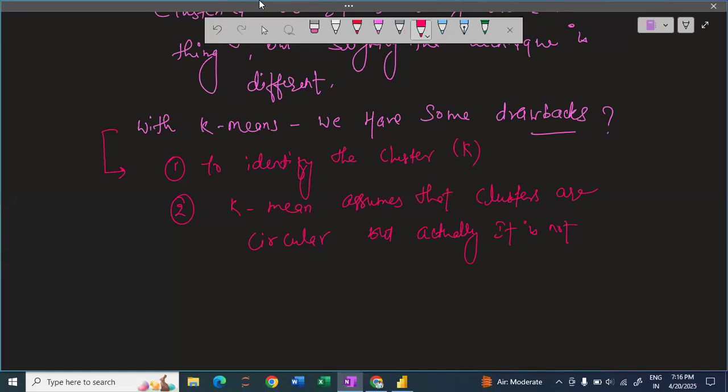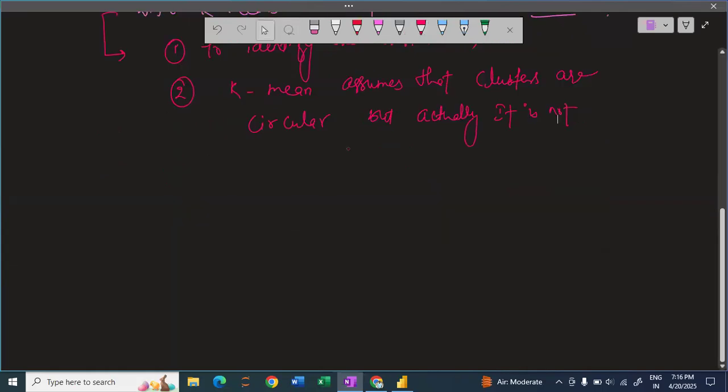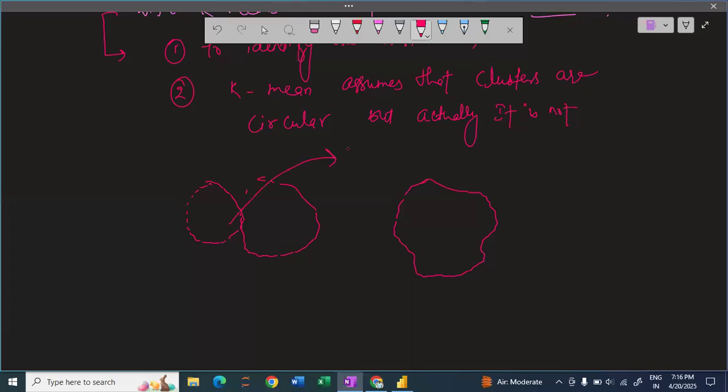K-means makes the cluster like this, but it has to be like this, and like this.